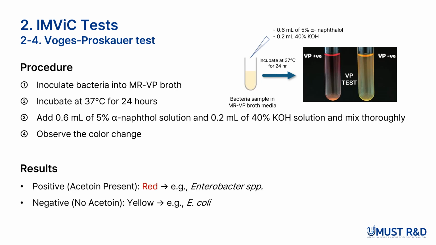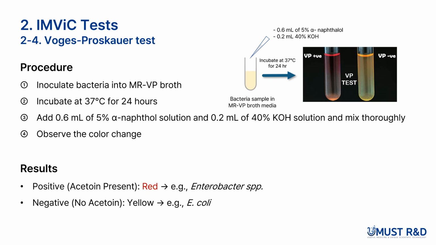In the Voges-Proskauer test, we use the same MRVP broth that contains glucose as a carbon source. The bacteria are inoculated into the broth and incubated at 37 degrees Celsius for 24 hours to allow for fermentation. After incubation, we add 2 reagents to detect the presence of acetoin, an intermediate in the 2,3-butanediol fermentation pathway.